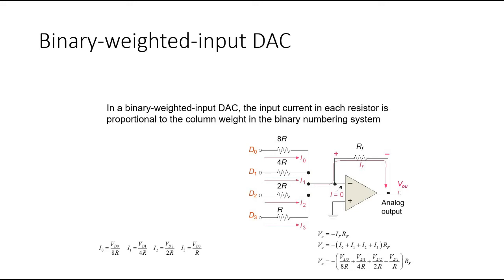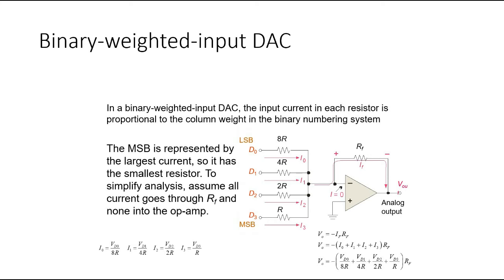In a binary weight input DAC, the input current in each resistor is proportional to the column weight in the binary numbering system. So if we look at this binary weight circuit, we have summing here, D0, D1, D2 and D3.